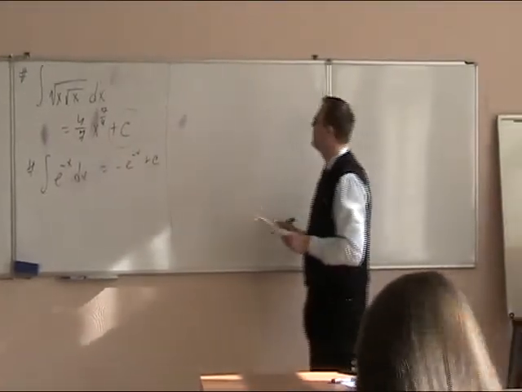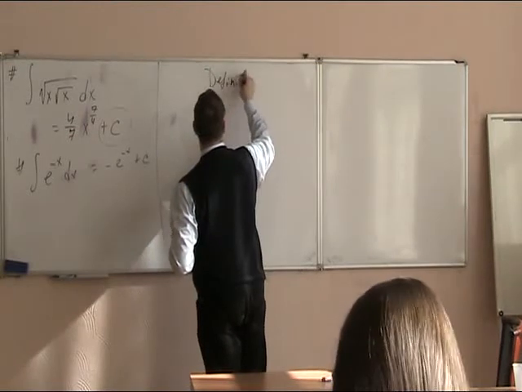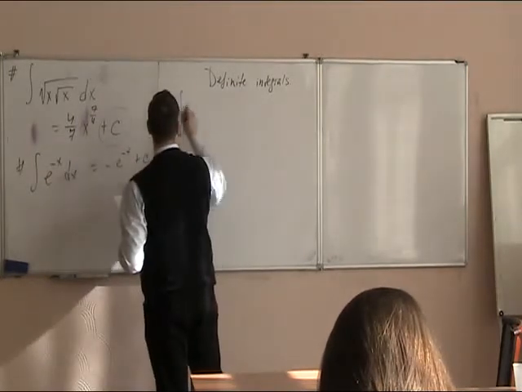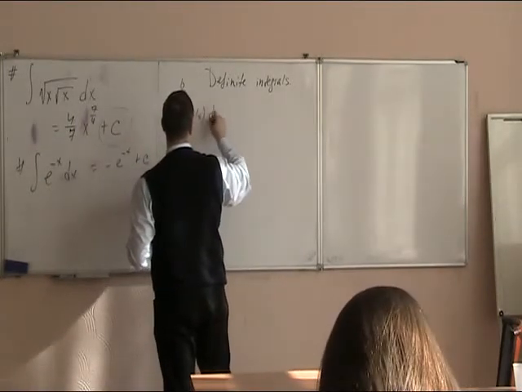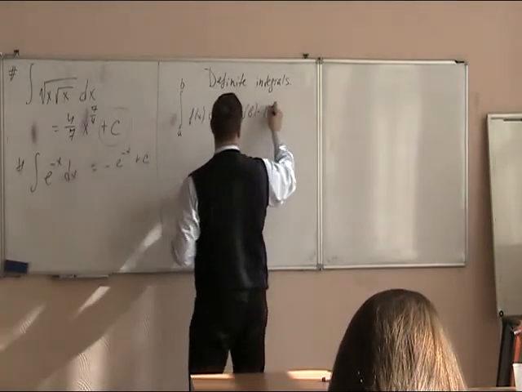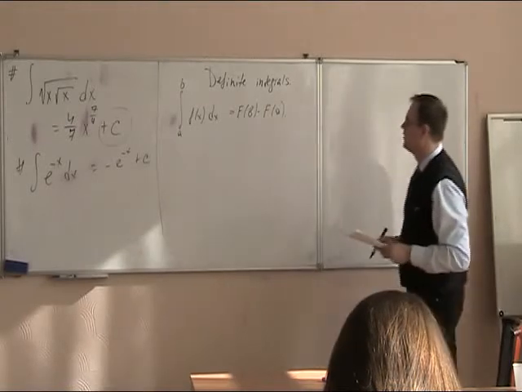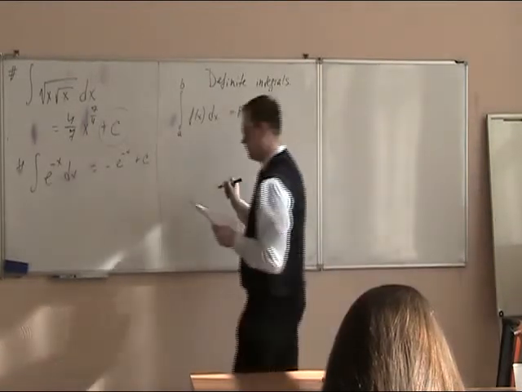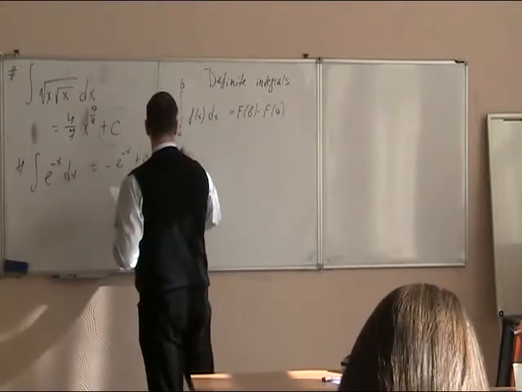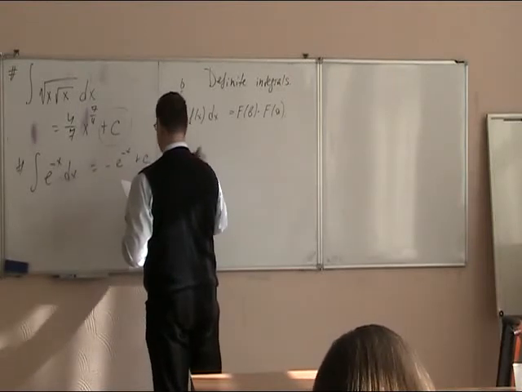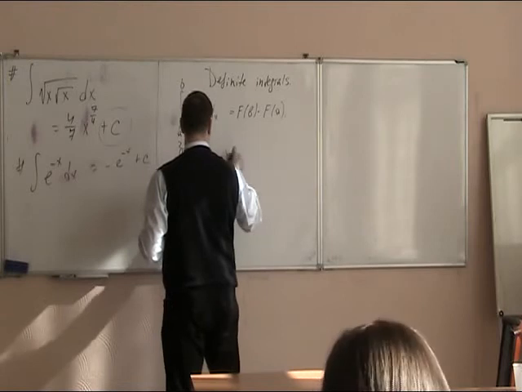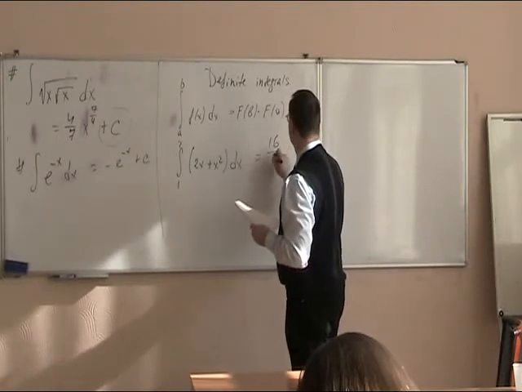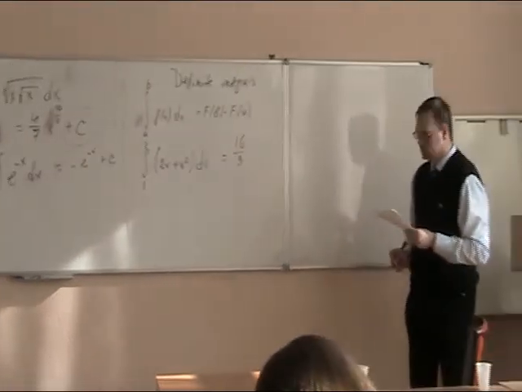What is more interesting is definite integrals. So that when we introduce some limits of integration, and it's quite simple to solve an integral like that, which is basically 16 over 30, you don't have to spend the time on solving this one.